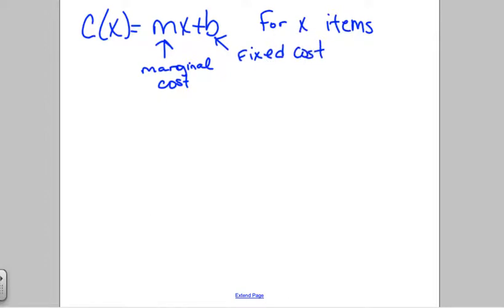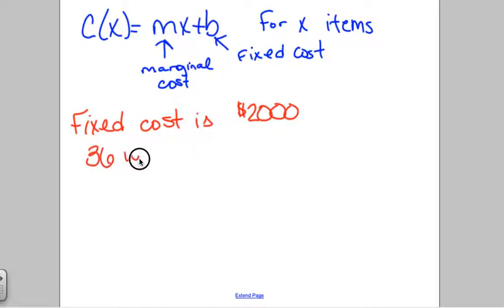So for example, I have a problem that says my fixed cost is $2,000, and 36 units cost $8,480.